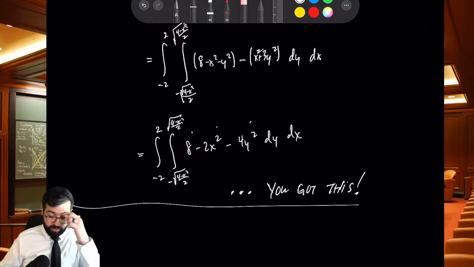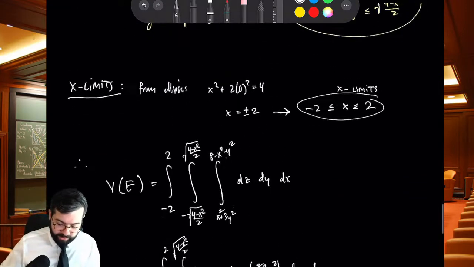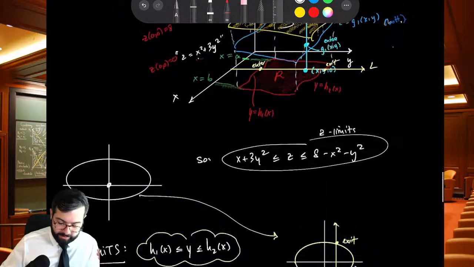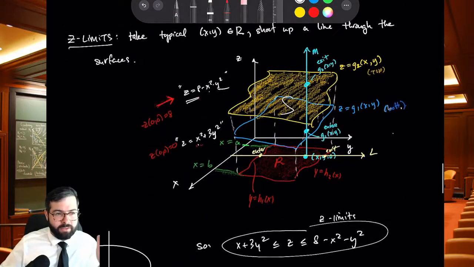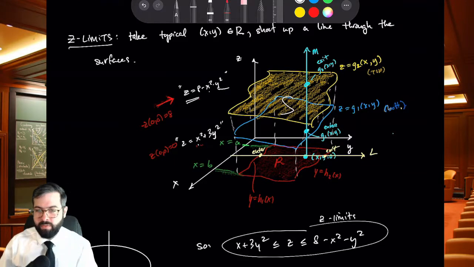But once it's a double integral, everything carries out exactly the same. Obviously, the hard part is setting these things up. So questions about any of this approach here? All right, so let me give you a better visual of what we're looking at here.